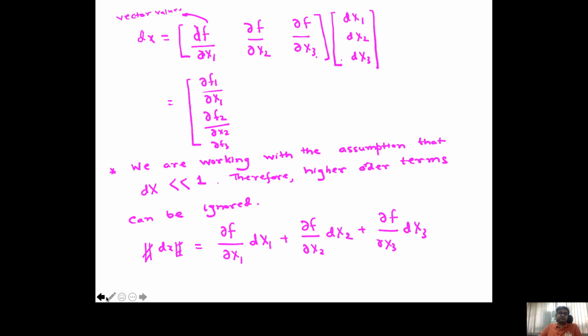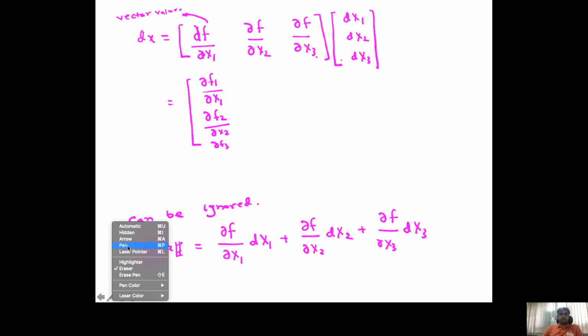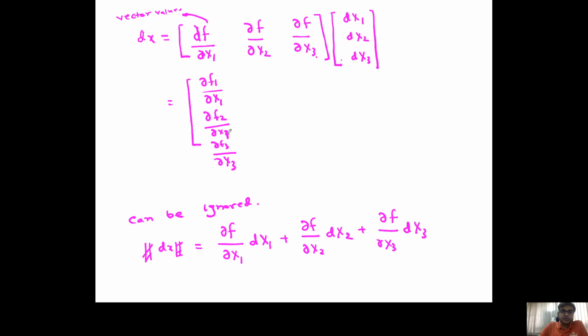Okay, let me clear this up. This is creating problem, so I will erase this. So obviously the last term will be del f3 by del x3, right? Okay, this is wrong.